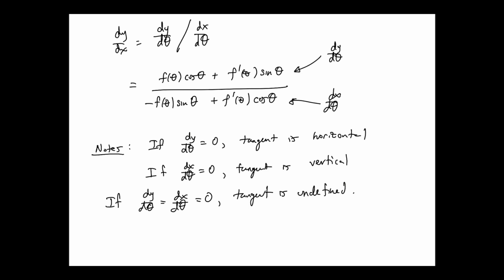We did derivatives to talk about slopes. What else did we do? Integrals to talk about area under a curve, or area between a curve and the x-axis. So what's the polar version of that?